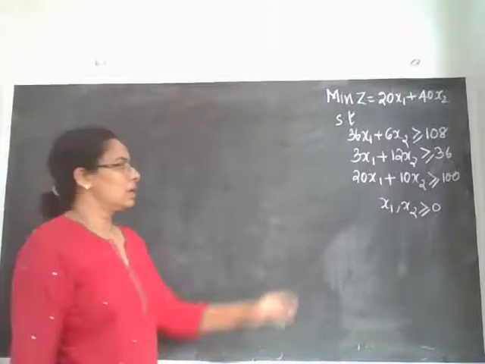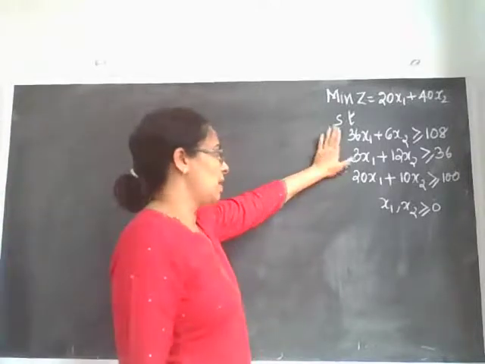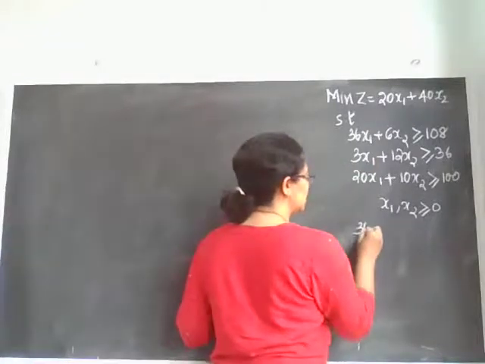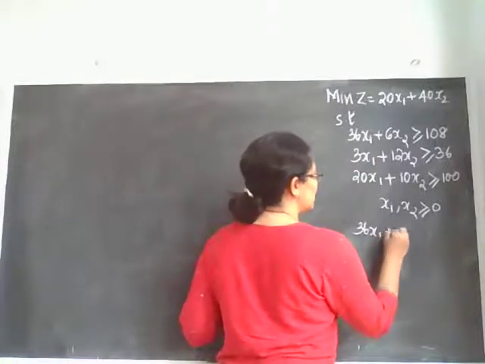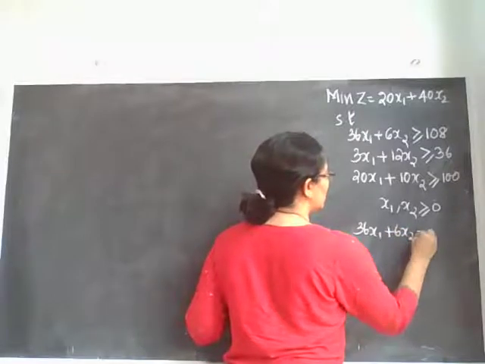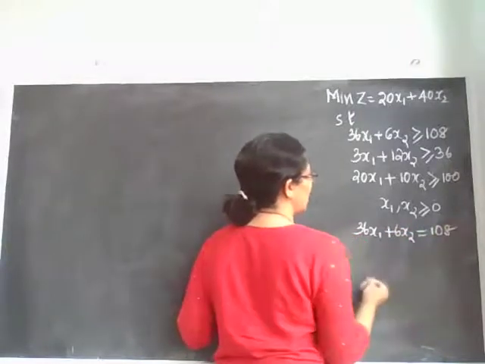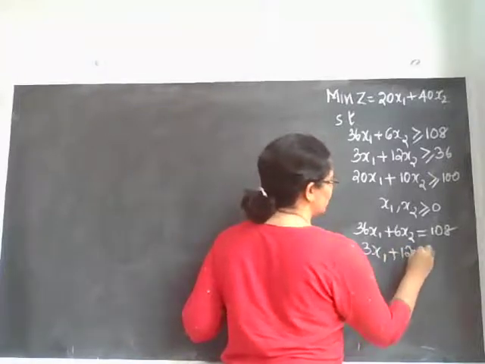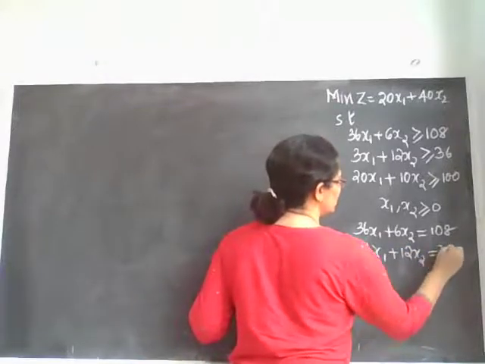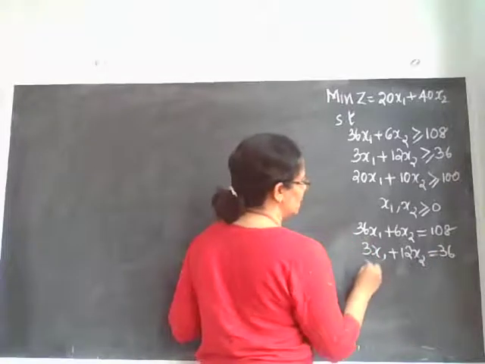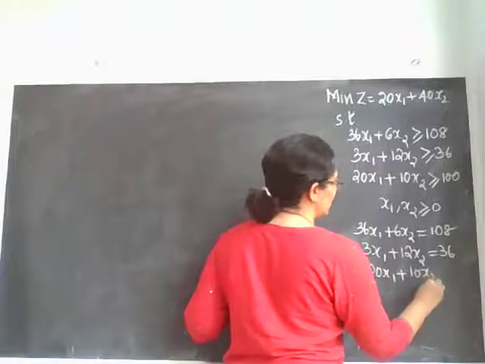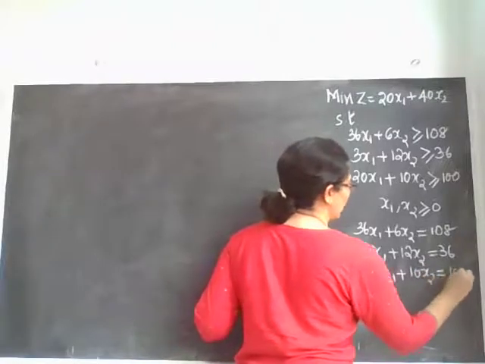Okay. Now we have the constraints here. We have to change them into equalities. So now this becomes 36x1 plus 6x2 equal to 108, 3x1 plus 12x2 equal to 36, and 20x1 plus 10x2 equal to 100.